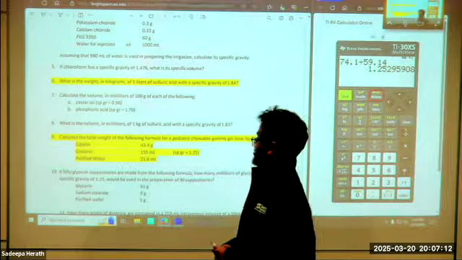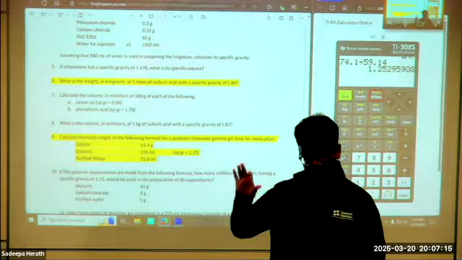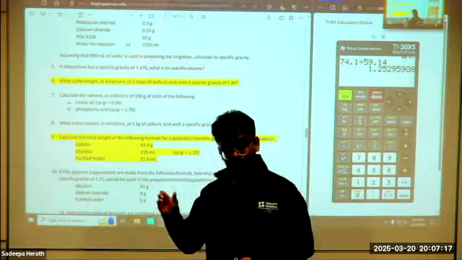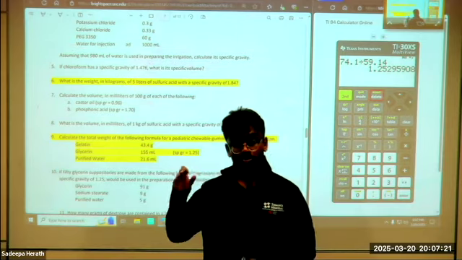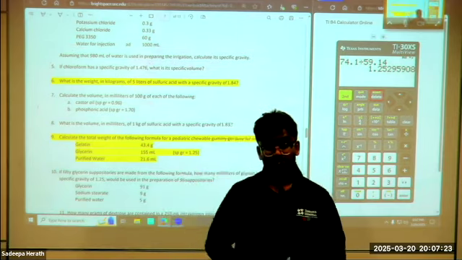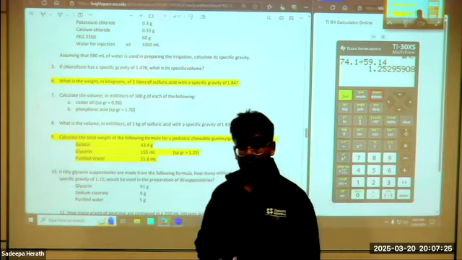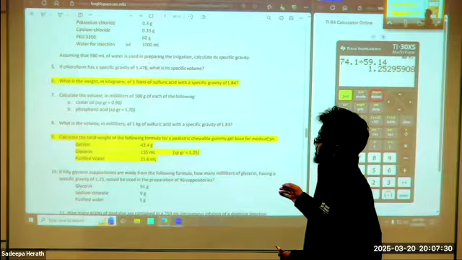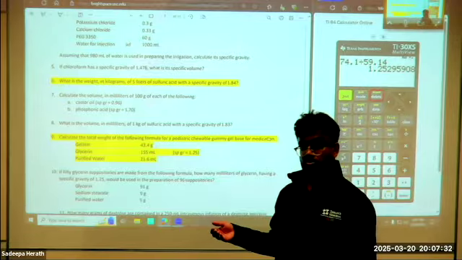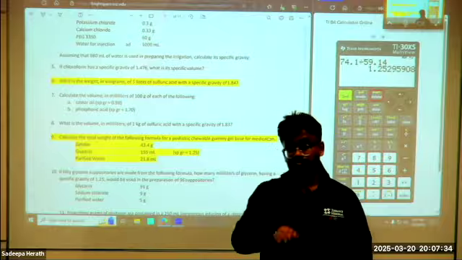Hard to put into words by itself, right? We said specific gravity was the weight of a substance over the weight of an equal volume of water. So with specific volume, it's the volume of a substance over the volume of an equal weight of water.